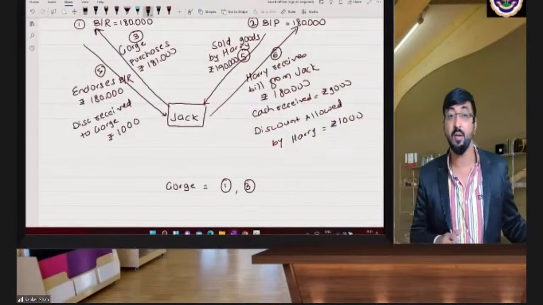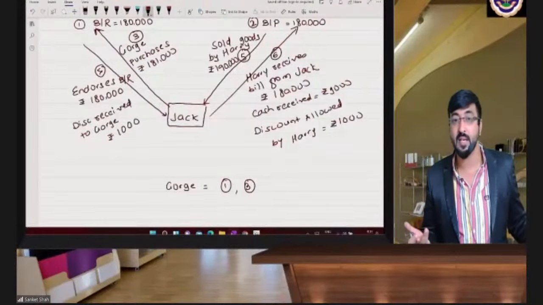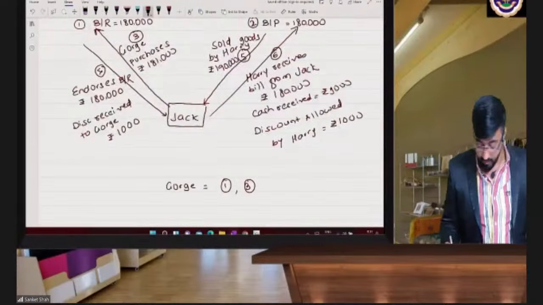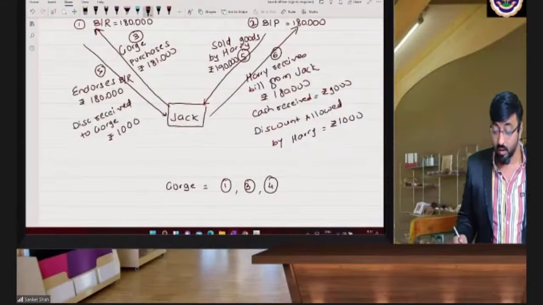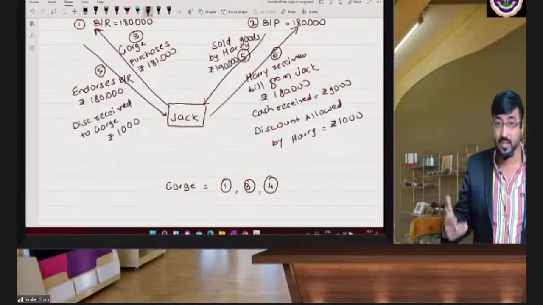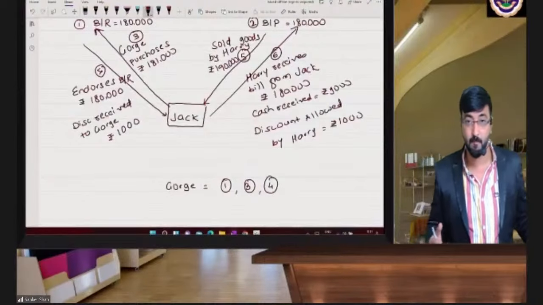As per our diagram, the third entry: Purchases account debit to Jack. Purchase is expenditure and Jack is our creditor. Next entry, Jack, bills receivable is endorsed: Jack account debit to bills receivable, to discount received. Discount received is a gain.